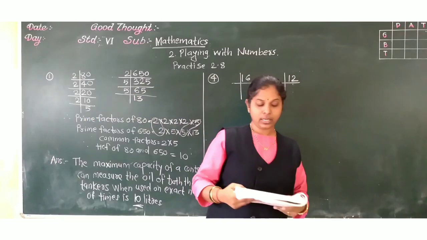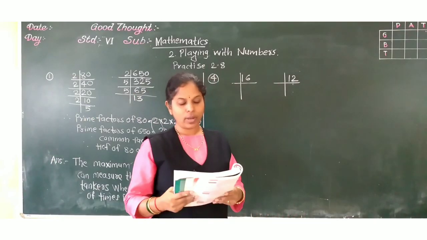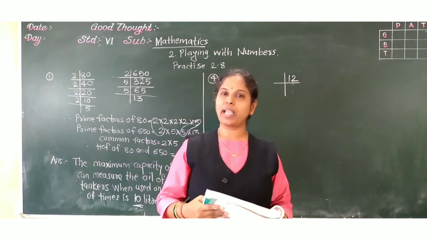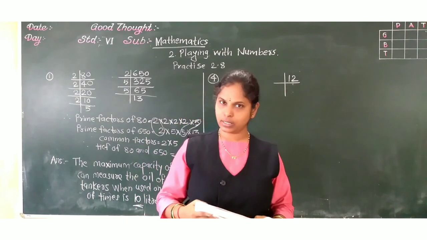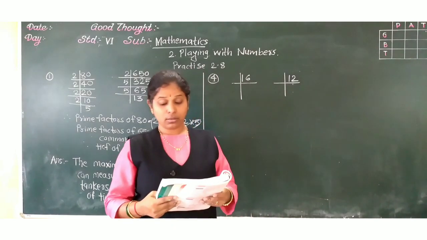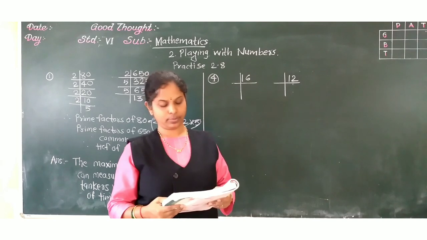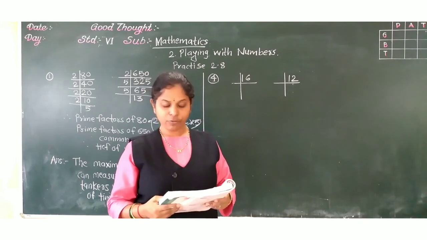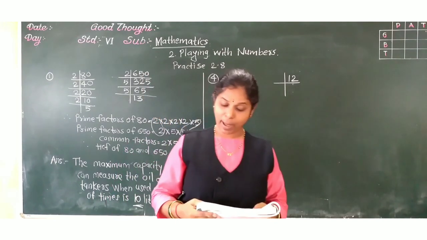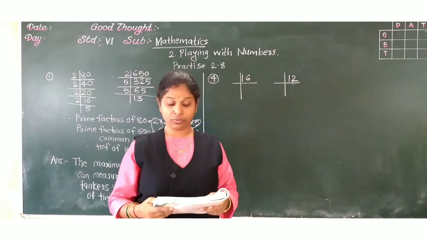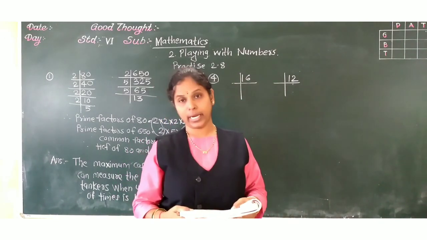See here now, question number 4. A 1 kg packet of burfi has 16 pieces and a 1 kg packet of rasgulla has 12 pieces. If we want to buy an equal number of both, and we can buy only in full packets, what is the least number of each sweet we would have to buy?